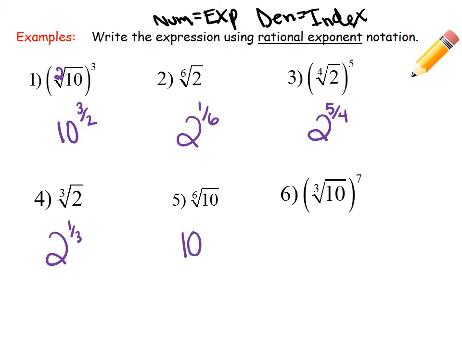Here I have 10 to the 1/6. And here I have 10 to the 7/3. So notice that pattern. The index is always the denominator. We can rely on that pattern when we go back and forth.